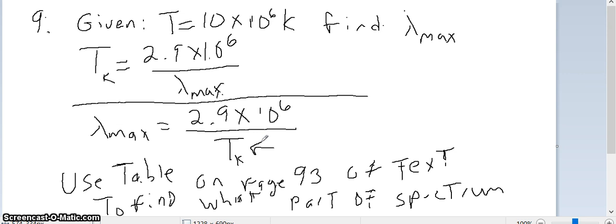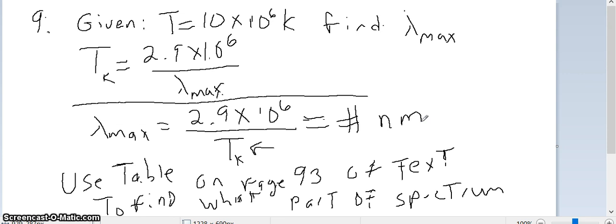and that'll give you some number. And that number is going to be in nanometers. So that's important. So just take 2.9 times 10 to the 6th divided by 10 times 10 to the 6th, which essentially is 2.9 divided by 10.